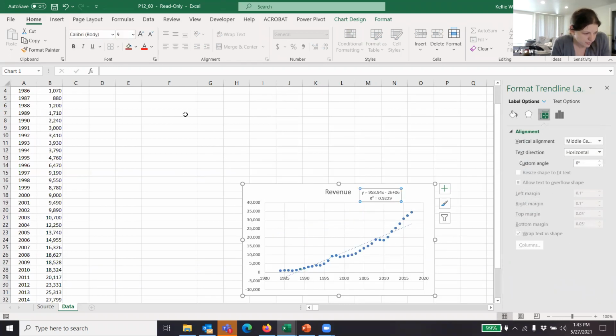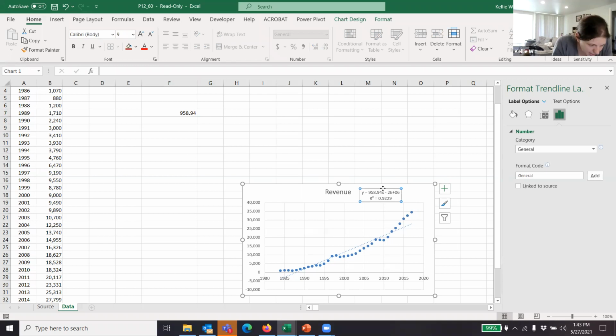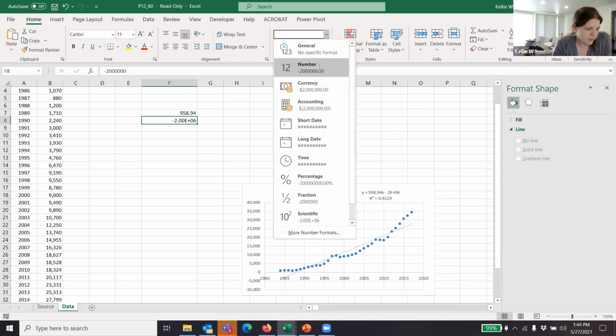Okay, so I'm taking 958.94 times X plus, or actually it looks like minus, this in number form.